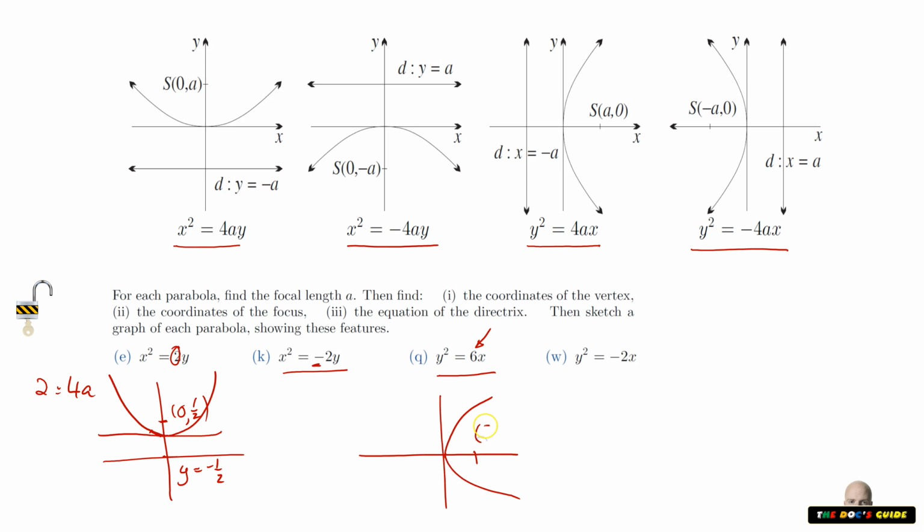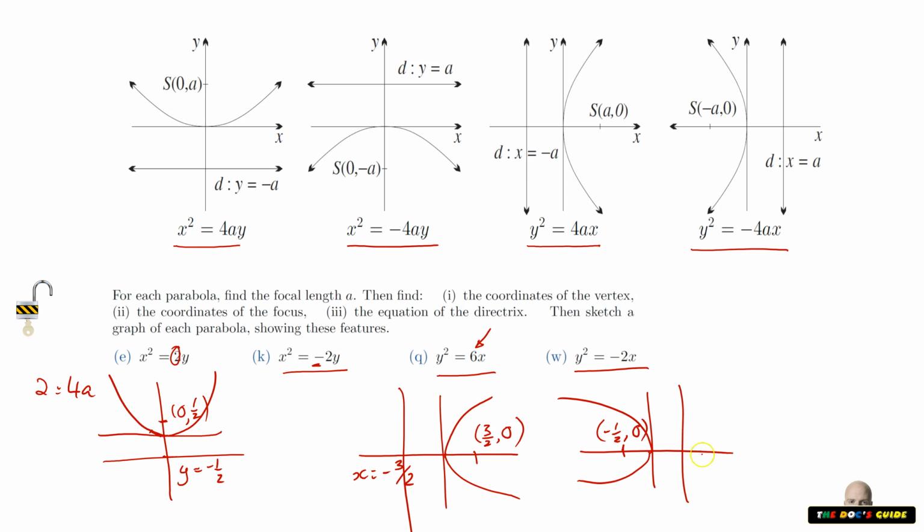The focus is here at 3 on 2, 0, and the directrix is here at x equals minus 3 on 2. And likewise, you can see that this one here will be a parabola concave left. The focus will be at minus a half, 0, and the directrix at x equals plus a half.